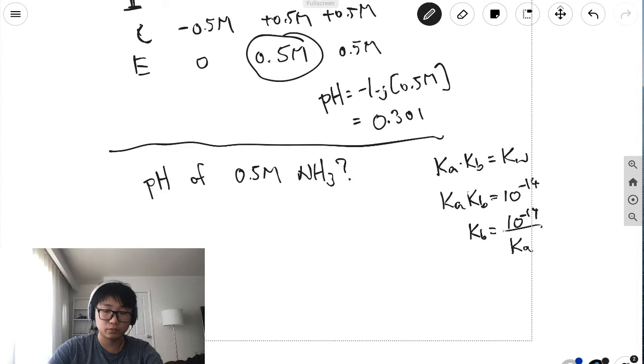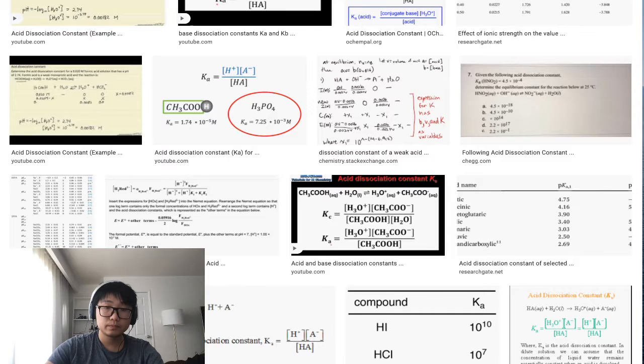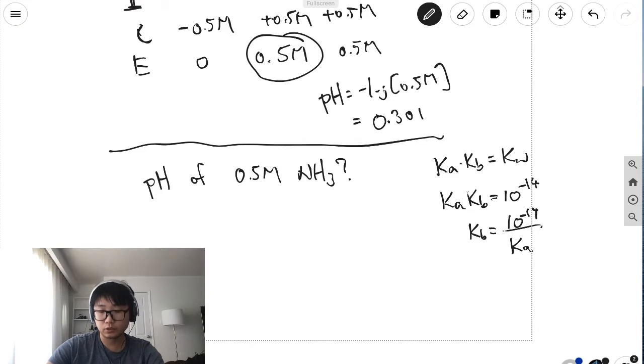No, I mean when you find the pH at the end, there's an extra step here. Oh, they actually gave you the Kb in the table? It says Kb? Okay, then you can use that. But it's not going to be the same pH though, right? I hope you recognize that.